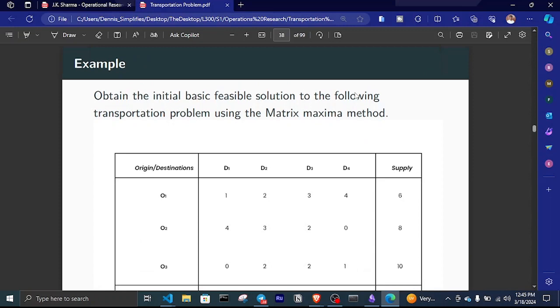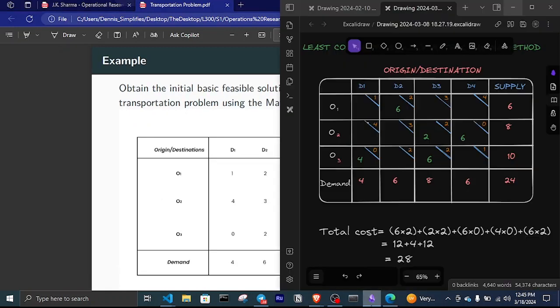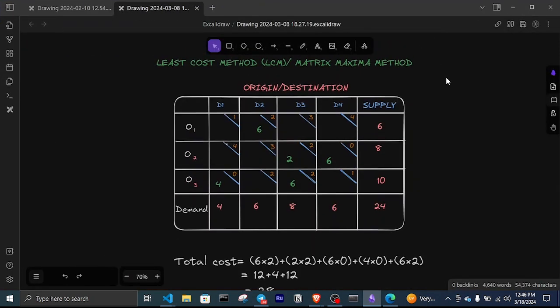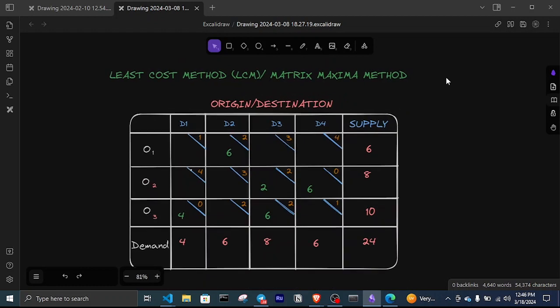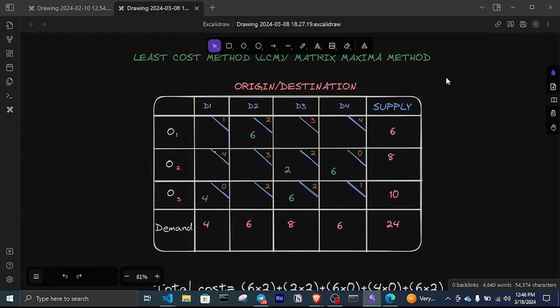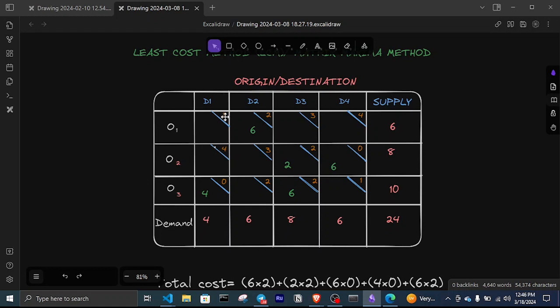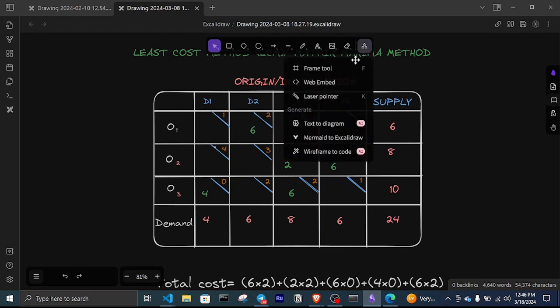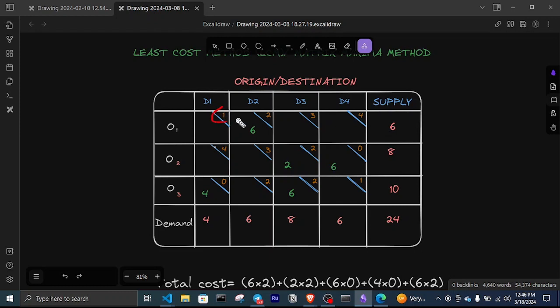I'm going to redraw this table in my Excalidraw. Inside it you can see the unit cost, the values we had in the cells of our table, at the top right corner where the blue lines are: 1, 2, 3, 4, 4, 3, 2, 0, 0, 2, 2, 1. Just as we had in the table, but this time placed at the top right corner. And we also have the values on our supply side and our demand side.